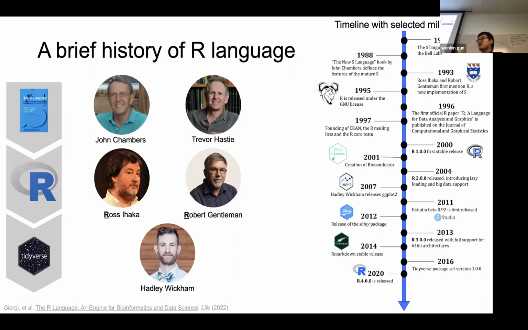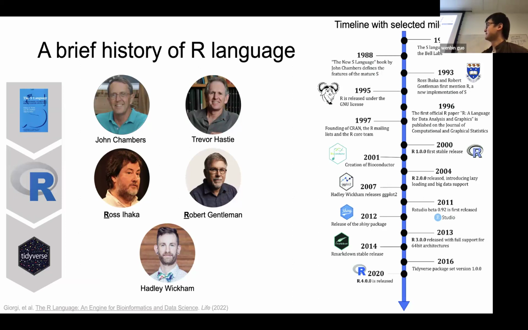People were very shocked at the time, because in statistics those highest awards are usually given to researchers and scientists who work on the theory. Nobody wants to give it to an application guy who just develops software and makes some fancy plots. But at that time, they recognized the contribution of Hadley Wickham and gave him the award. So people were shocked, but they thought, okay, he really deserves the award.